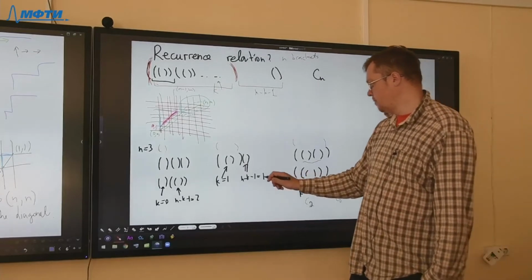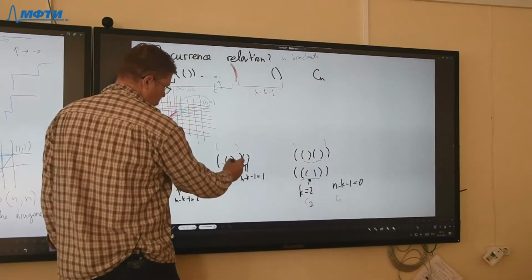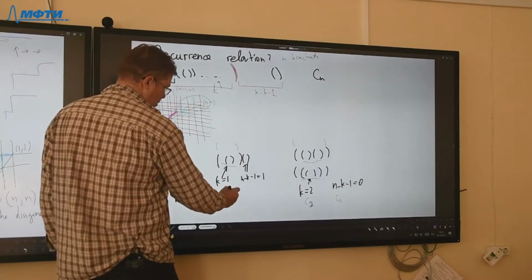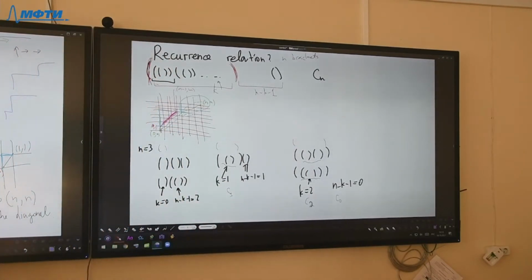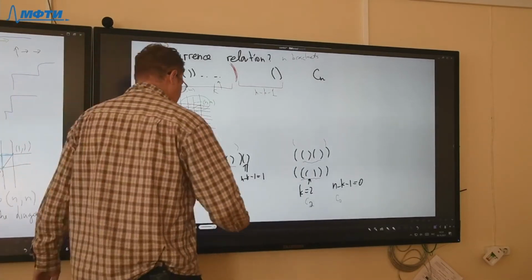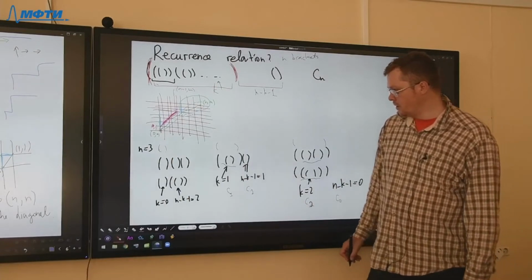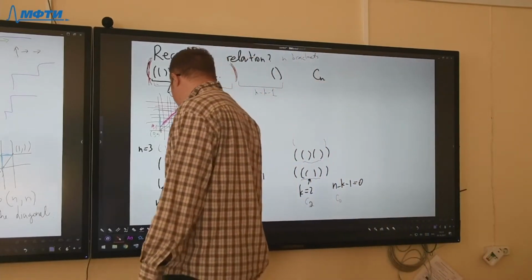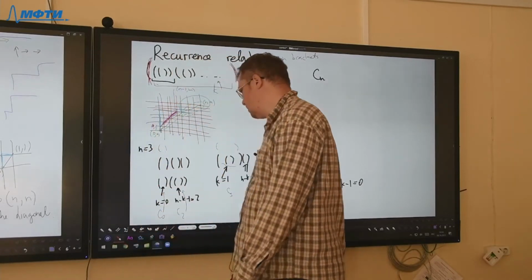Here I'll have one bracket inside, so there are C1 sequences of such brackets, and here I have also C1. And here I have C0 here and C2 here. Yes?